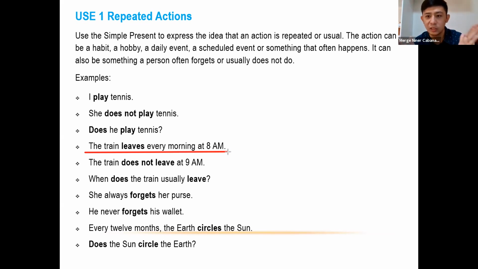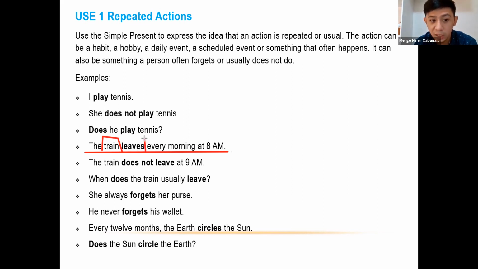So even though it is not yet 8 a.m., which is future in a sense, since this is scheduled, you will be using the simple present form of the verb. Train is your subject, which is singular. Leaves is your verb, which is singular. How do we know?